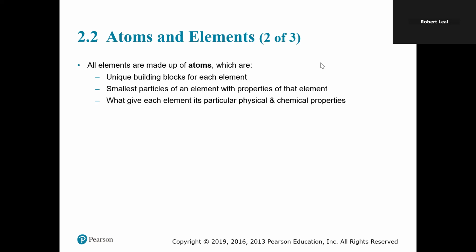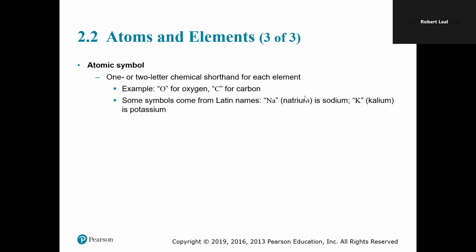Now, these elements are made up of atoms. Think of the protons, neutrons, electrons, which we'll discuss shortly. Most of the elements are represented by a letter, like O for oxygen, C for carbon. Some of these elements are derived from Latin, so they're not always represented by the letter they're spelled with. For example, sodium is Na, potassium is K plus.